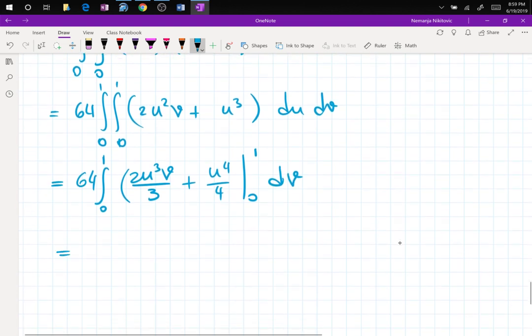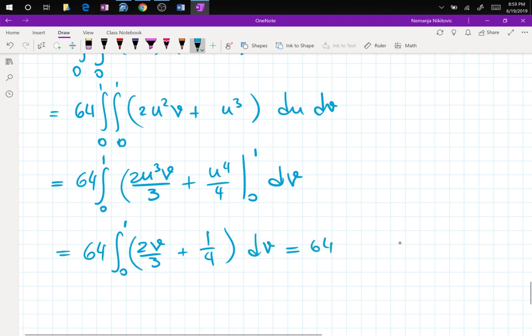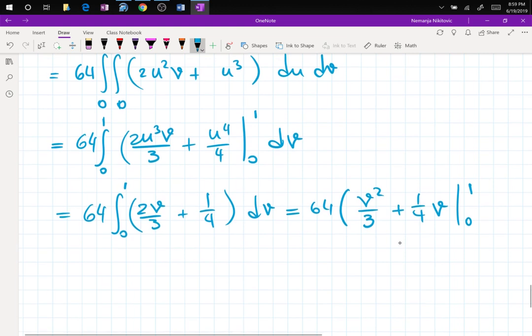When I plug in 1 for u, we'll have 64 integral 0 to 1 of 2v over 3 plus 1/4 dv, which is going to give us 64, open parenthesis, v squared over 3, the half will cancel the 2, plus 1/4 v, computed from 0 to 1.